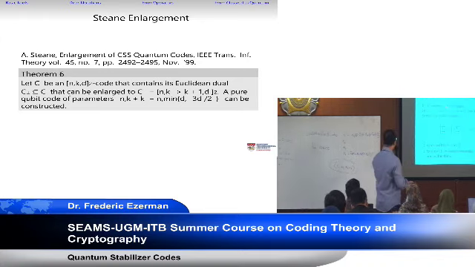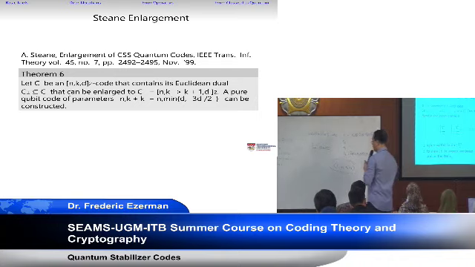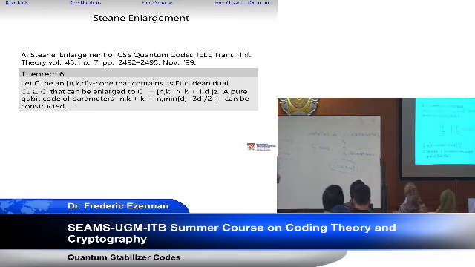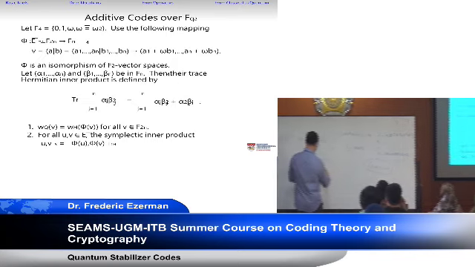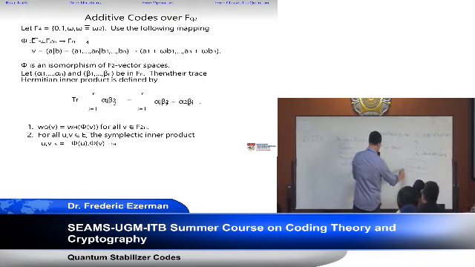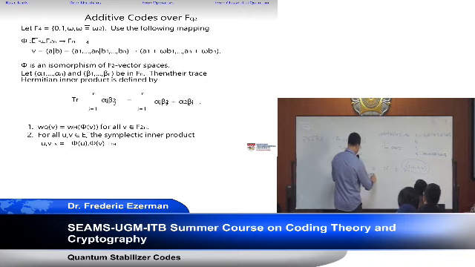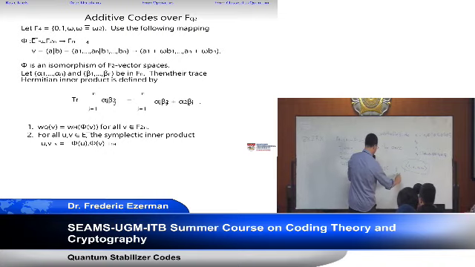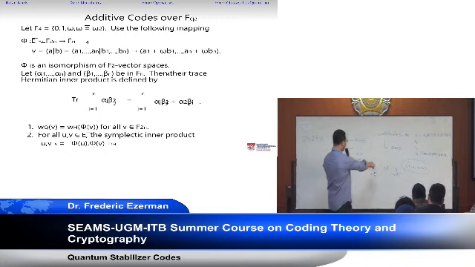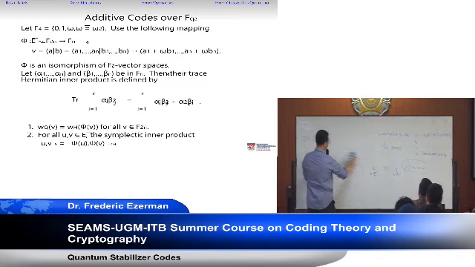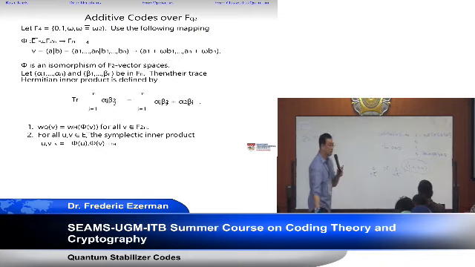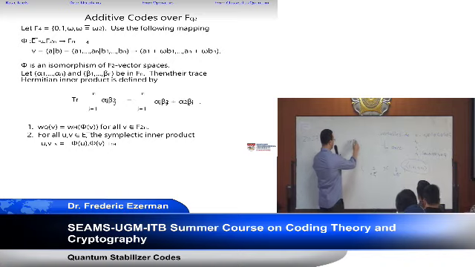And this is for additive codes over F_q squared. Now, if you have a string A and a string B, both over F_q to the n, you can write this in terms of one vector.